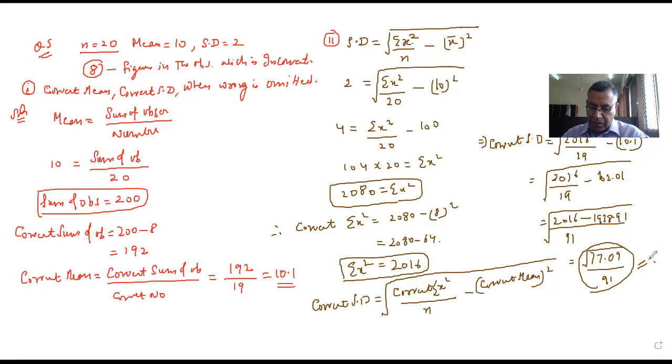Okay? So try to finish the questions from the miscellaneous exercise of chapter 15. It has only 7 questions, and one I have done with you. Note this down first.